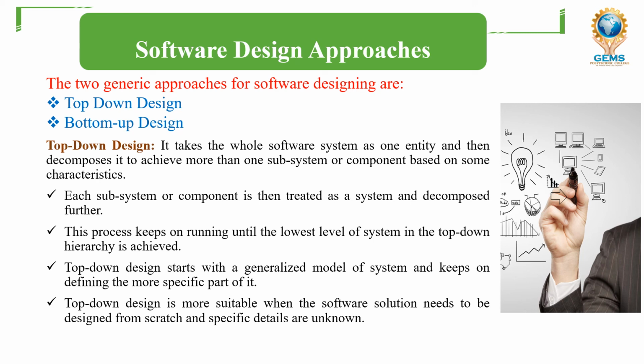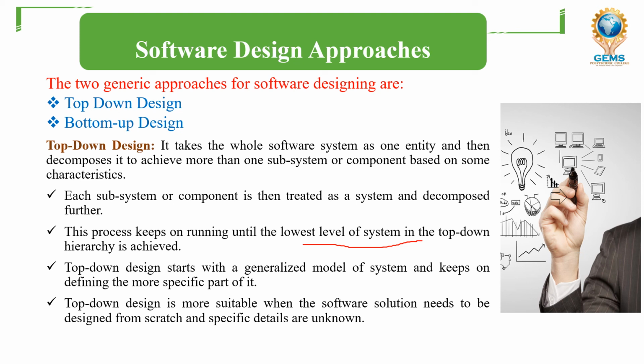That means in top down design we can decompose the system into subsystems and a subsystem into again subsystems. This process will continue until the lowest level of the system in the top down hierarchy is achieved.